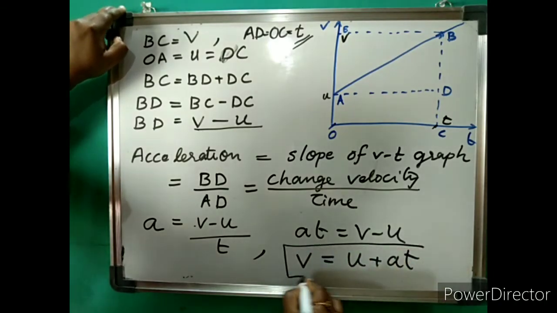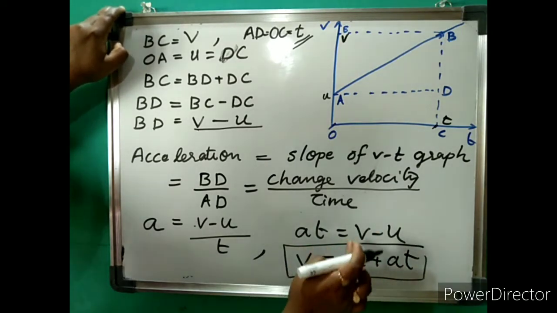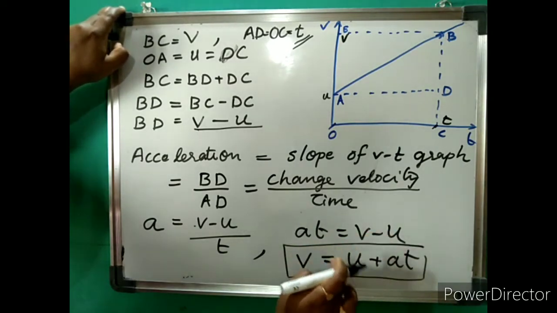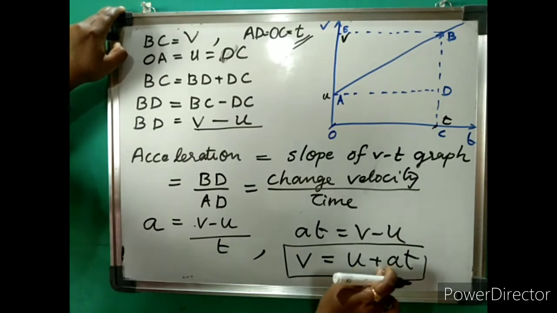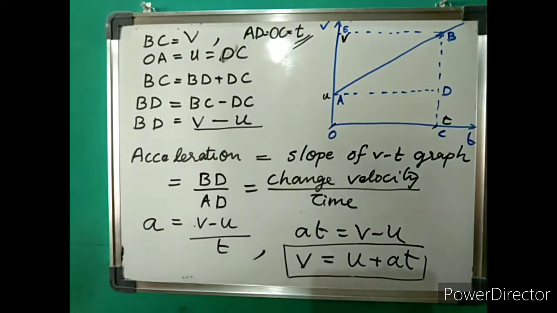Bringing U to the other side, we get V is equal to U plus AT. Got it? This is the first equation connecting velocity and time, the velocity time relation: V is equal to U plus AT.